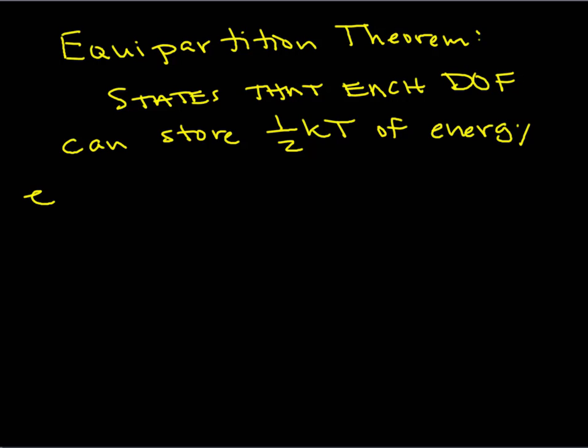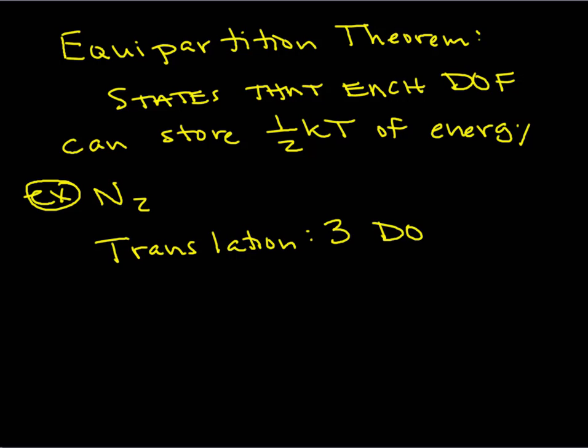And so, as our example, which we commonly use here in Chem, is for N2. We would show that for translation, we've got 3 degrees of freedom. For rotation, we've got 2 degrees of freedom.